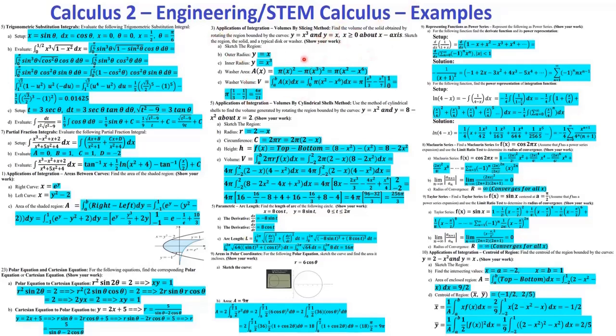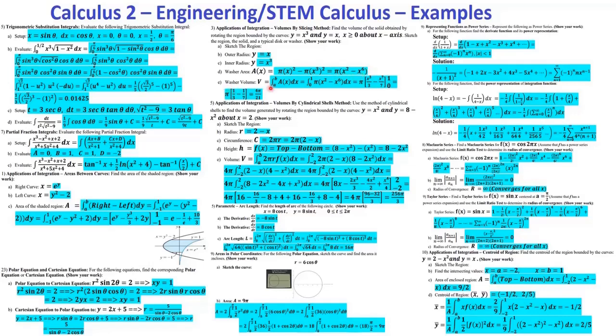So you have two curves, y equals x to the third and y equals x, and you are revolving this about the x-axis. So you identify the outer radius, which is x, and the inner radius, which is x cubed. Then the washer disk area is A(x) equals pi times the outer radius x squared minus pi times the inner radius x cubed squared, so that is pi times (x squared minus x to the 6).